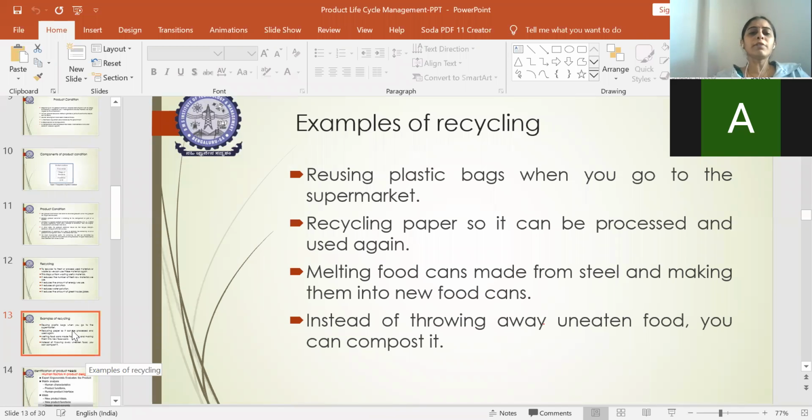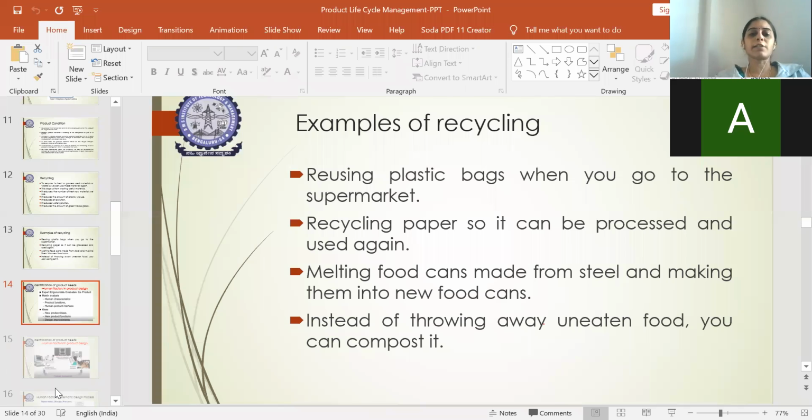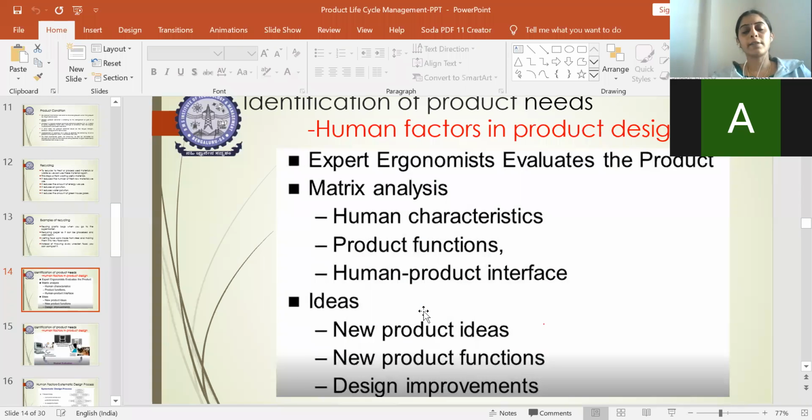So this was about the recycling. So until now we understood the design assessment model, what the strategies involved in recovery are, and what the concept associated with recycling of a product is. And next you should understand what the human factors associated with product design are. So product design mainly plays a vital role with human beings.